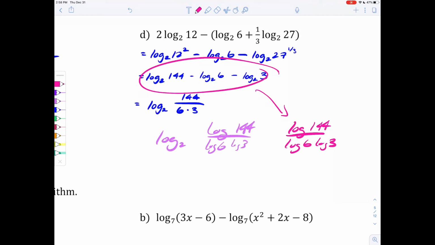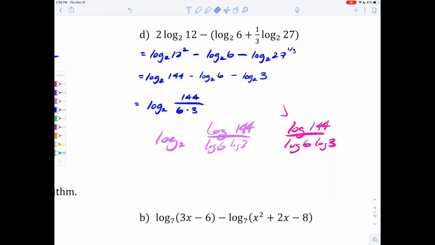The whole point of using the log laws is to condense it into a single logarithm, so that there are no other logs appearing in the argument. It's just one.